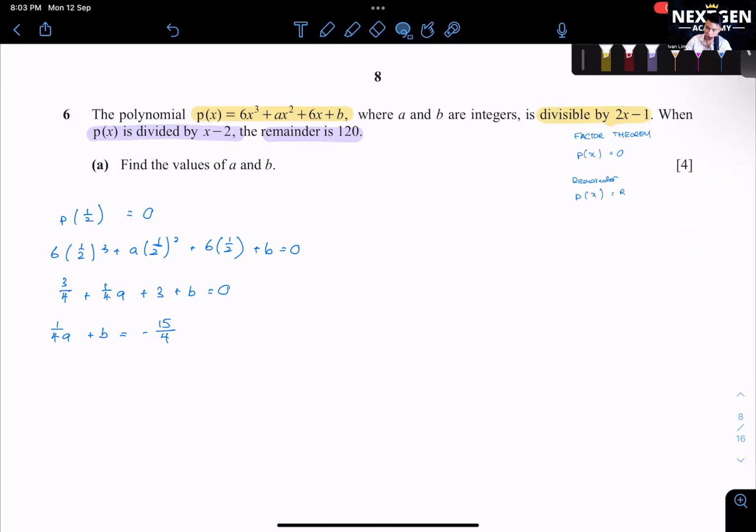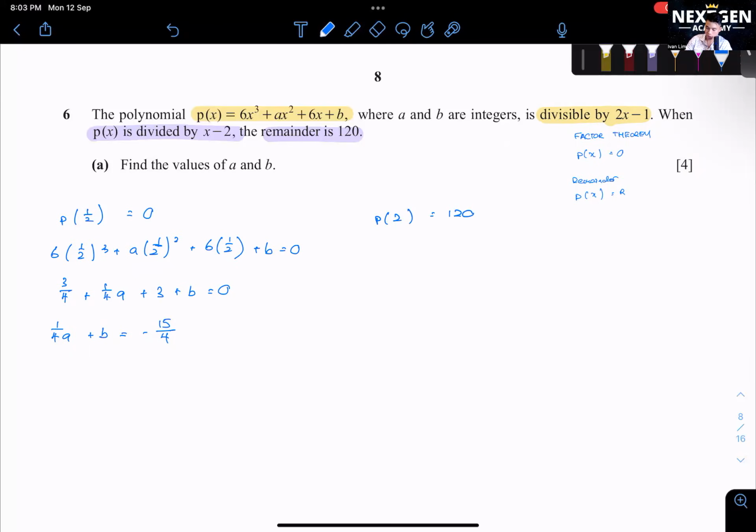Then the second equation for the remainder theorem one. Another thing also, you try to put it like this. So if you got two unknowns, every time you got a simultaneous equation. If it's a linear one, meaning there's no square, then got two unknowns, arrange it like this so we can use calculator to calculate. So next one, divisible by x minus 2. So p(2) will be equals to 120.